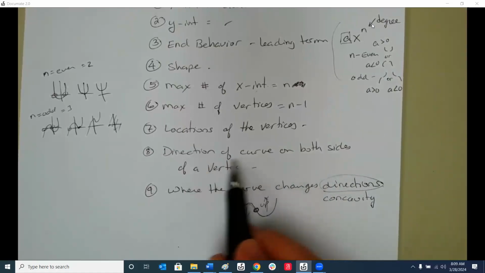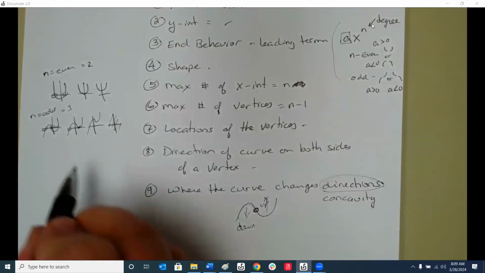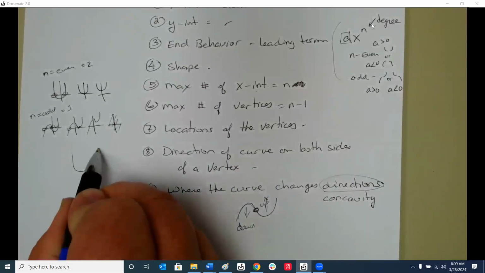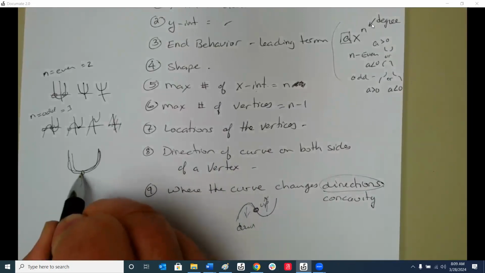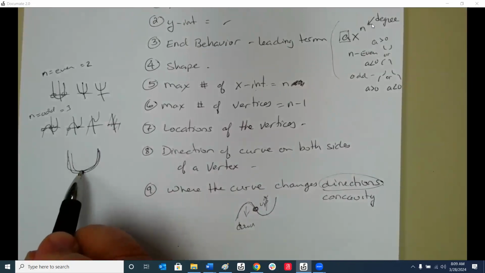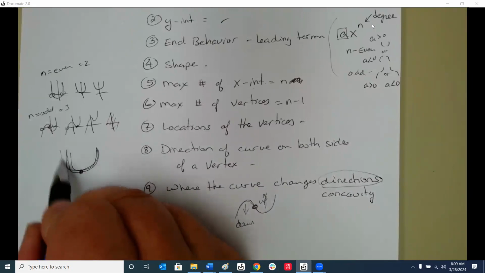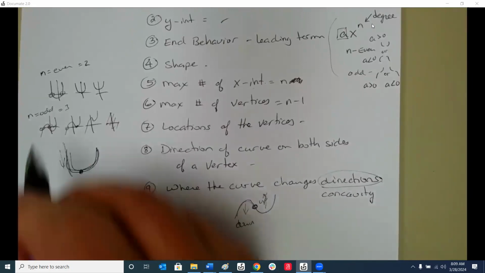Look over here. The direction of the curve on both sides of a vertex. What does that mean? Let's look at a quadratic equation. The vertex, in this case, is the lowest point. What's happening to the curve to the left of the vertex? What direction is the graph going? It's going down. The slopes are going down.